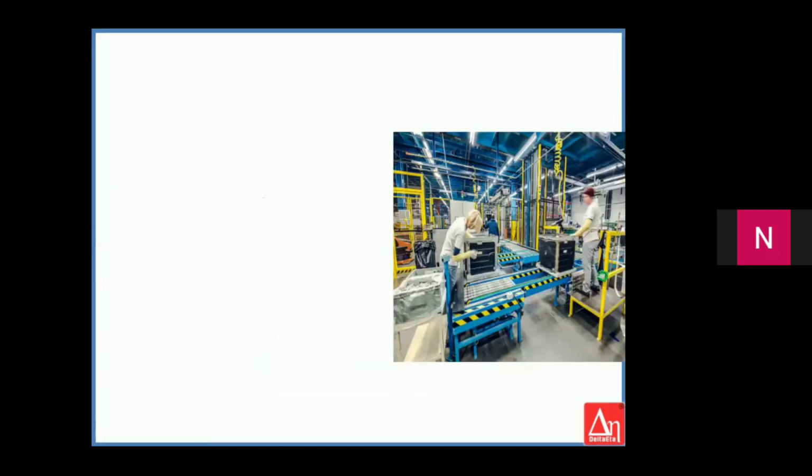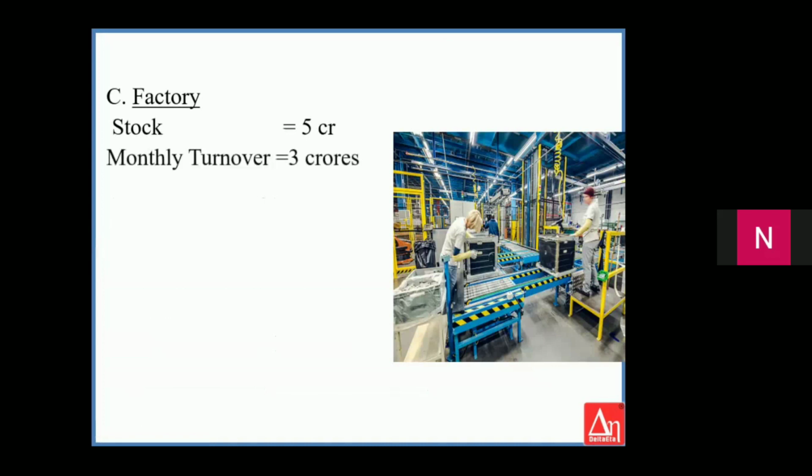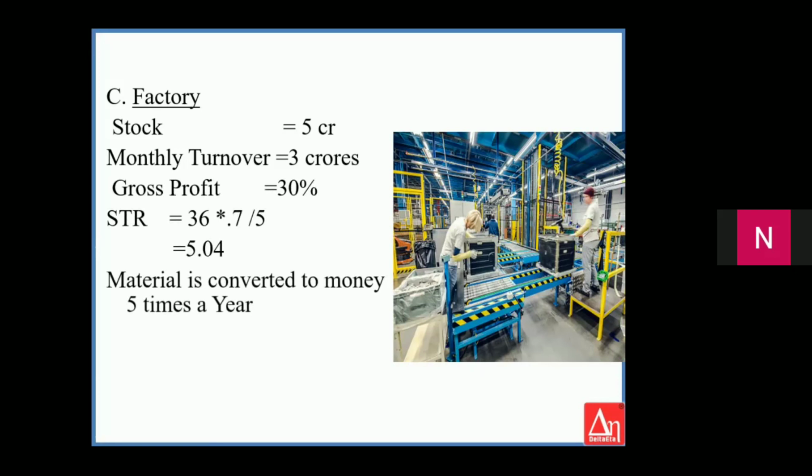Now let's look at a factory, a production unit, where you have a lot of raw material used to convert into finished goods. So you have an average stock of 5 crores, and monthly turnover is 3 crores. Gross profit is 30%. So the STR of the company is approximately 5.